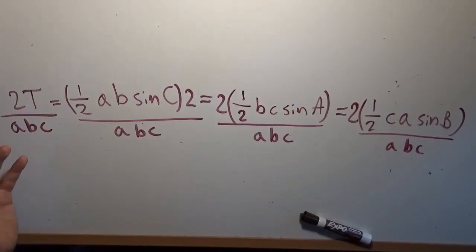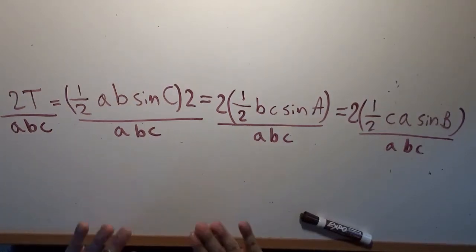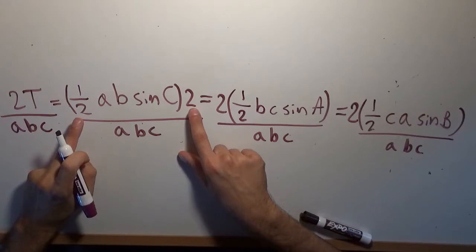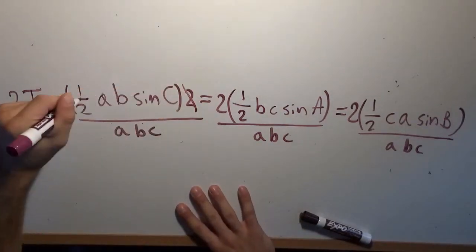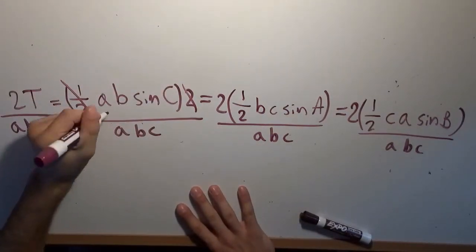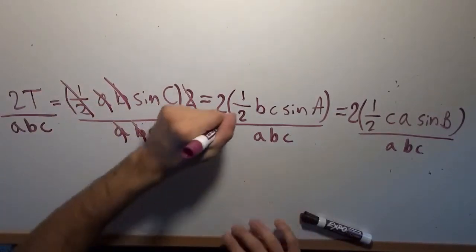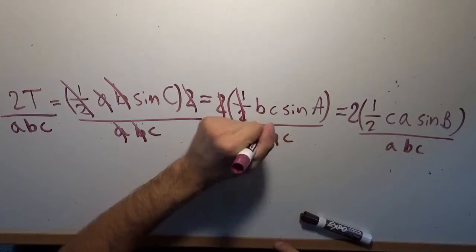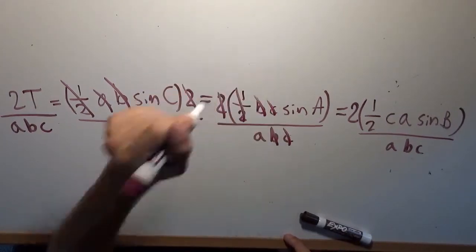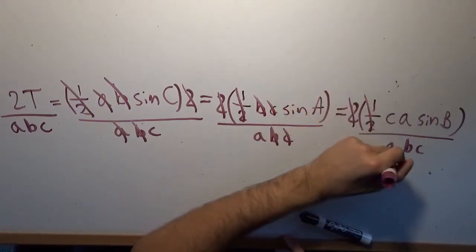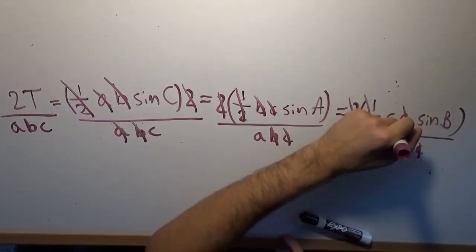I don't know what that number represents, but the point is we're about to get a lot of nice cancellations, because 2 divided by 2 is just 1, so those go away. A divided by a goes away. B divided by b goes away. Same thing with the 2 and 1/2 here, same thing with the b's there, same thing with the c's there, and same thing with the 2's here, the a's here, and the c's here.